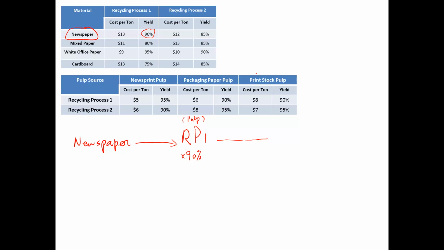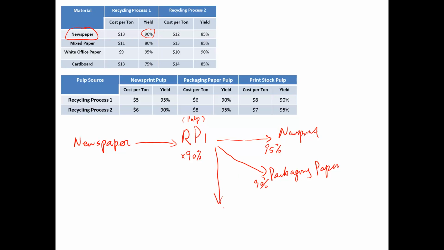One is newsprint pulp, and here you only get 95%. You can also get packaging paper pulp, which gives you 90%.